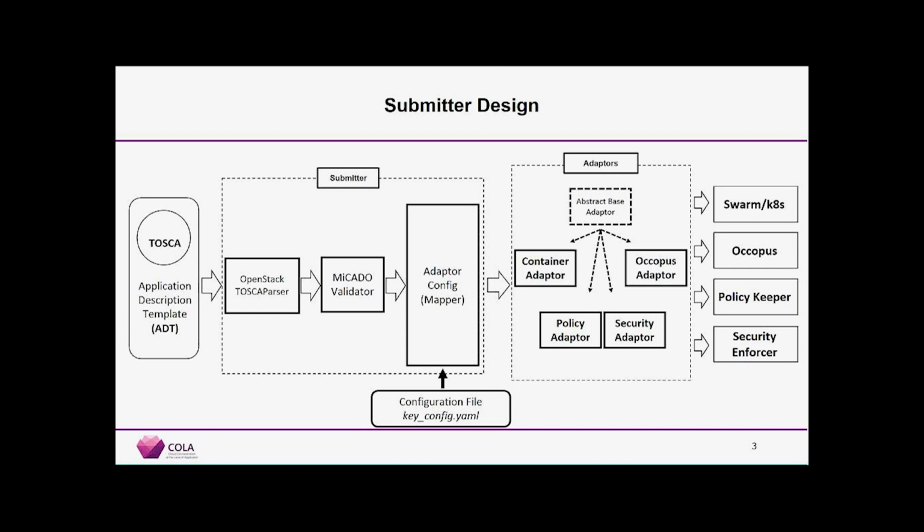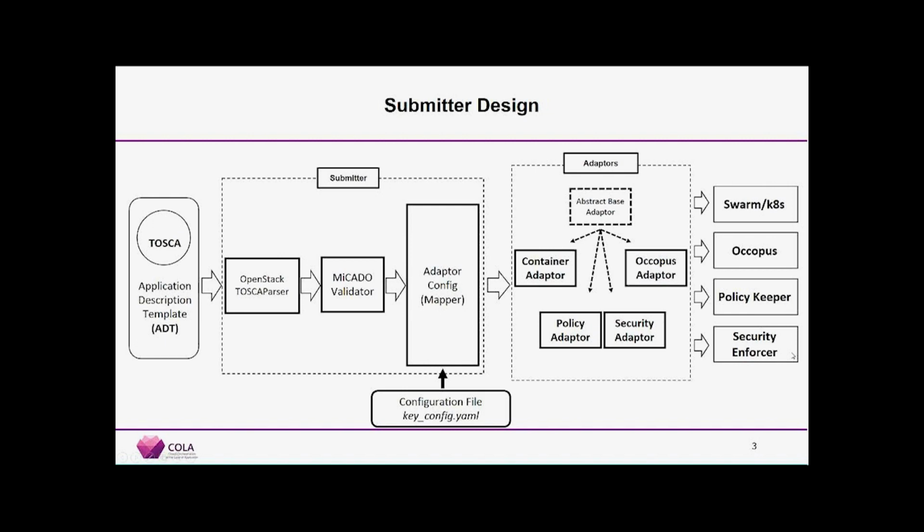So it's going to pass into the submitter, which is this dotted box on your left, where it goes through a number of steps where it gets translated into a format that we can work with. Then it gets passed to a number of different adapters, which are going to further translate it into something that each of our end components can really understand.